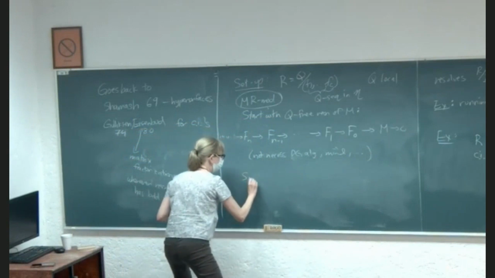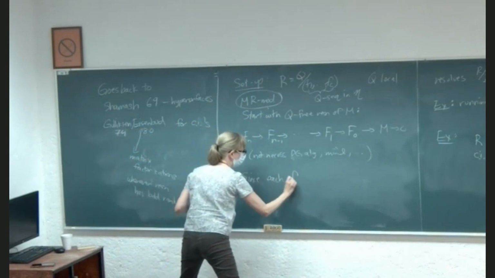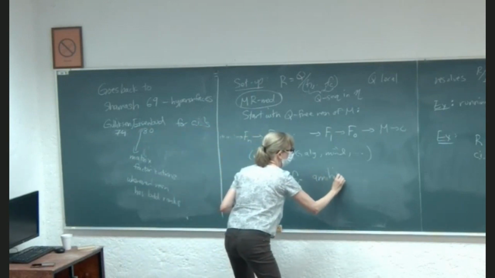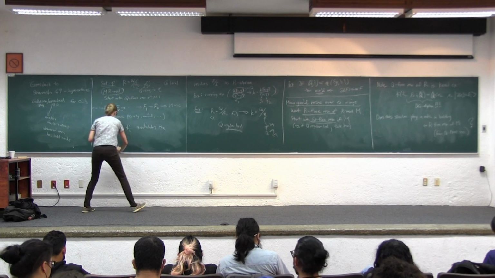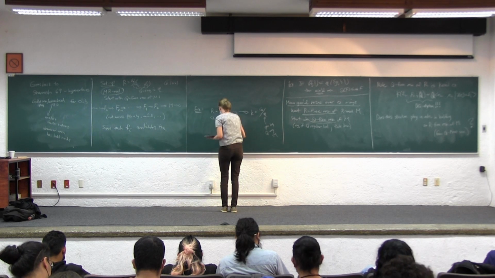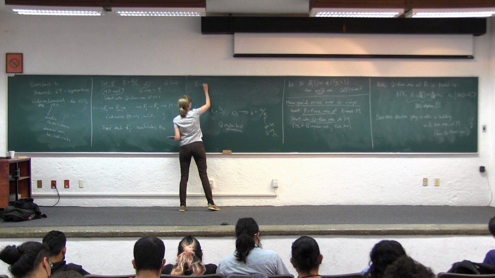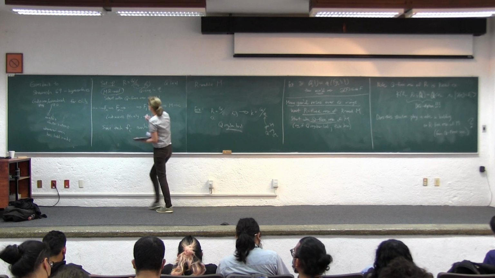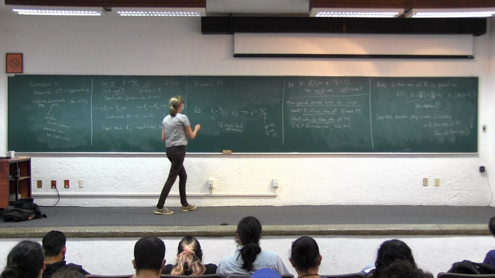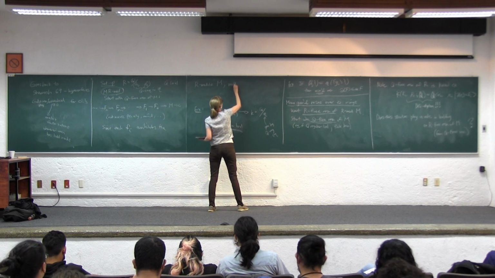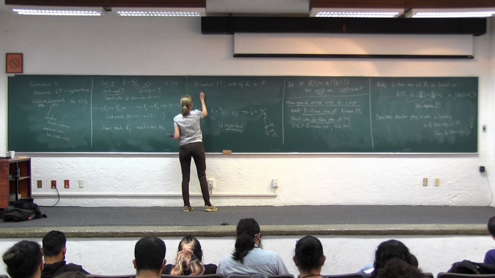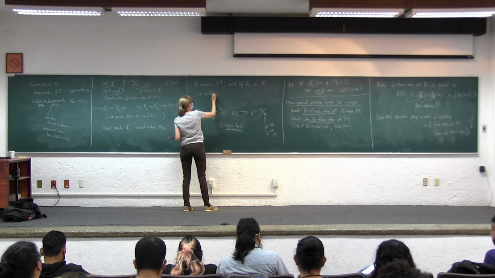Okay, so since each Fi annihilates the R module M, because M is an R module, and R is Q mod F's, so the F's kill M, it means that multiplication by Fi on the complex F is null homotopic.